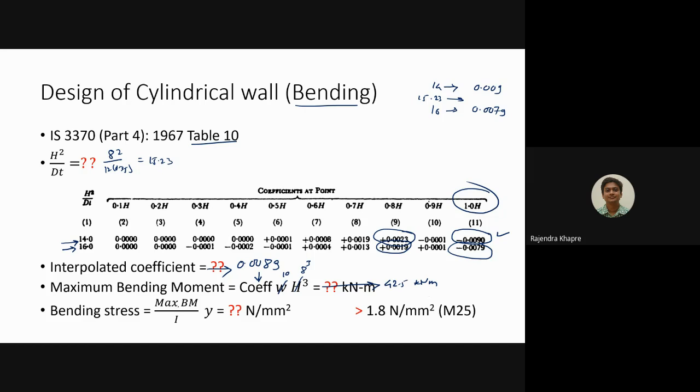Okay. So now we have to check for the bending stresses also. The maximum bending stress can be calculated as maximum bending moment divided by I into Y. So maximum bending moment is 42.5 into 10 to the power 6.